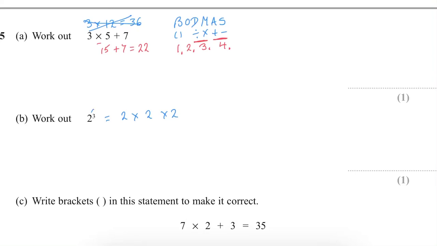When you see a power, remember that it tells you how many times you multiply the base number by itself. So 2 2s are 4, 2 4s are 8. So that equals 8. So let's put our answers in the right place. 22 here for part A and 8 here for part B.